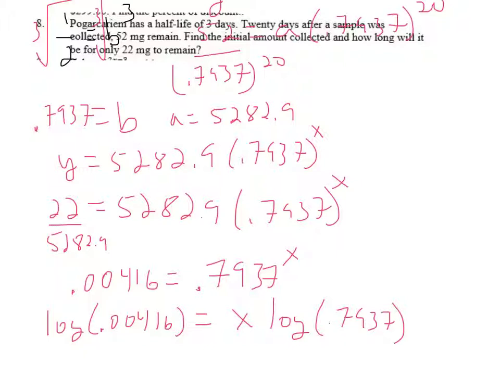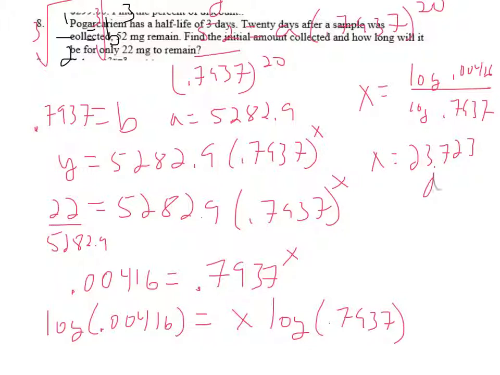So basically what I'm going to do is divide to find x. I'm going to take log of 0.00416 divided by the log of 0.7937, and I came up with 23.723 days is that amount.